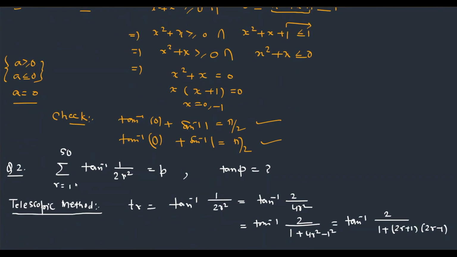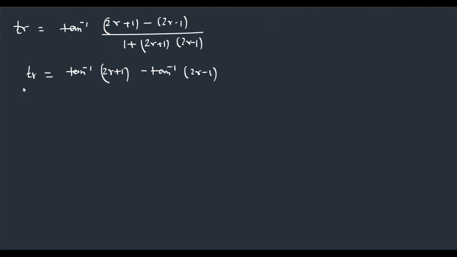The range of r is 1 to 50. So we take t1, the first term, we can write as tan inverse of 2 plus 1, 3, minus tan inverse of 1. Then t2 will be tan inverse of 2 into 2 plus 1, 5, minus tan inverse of 3.